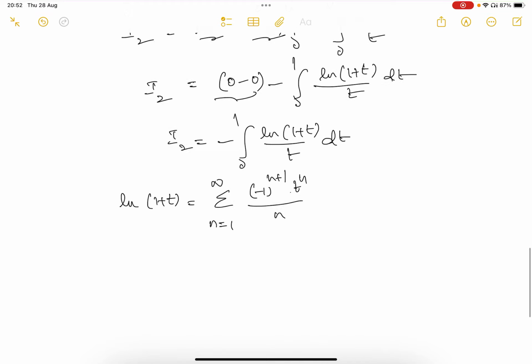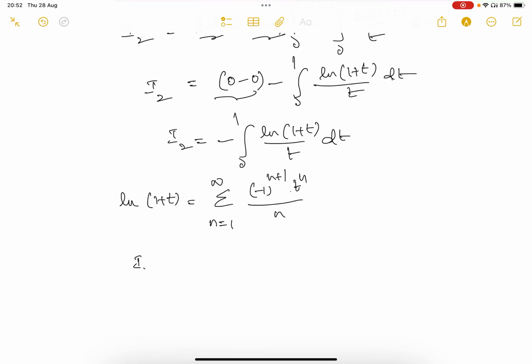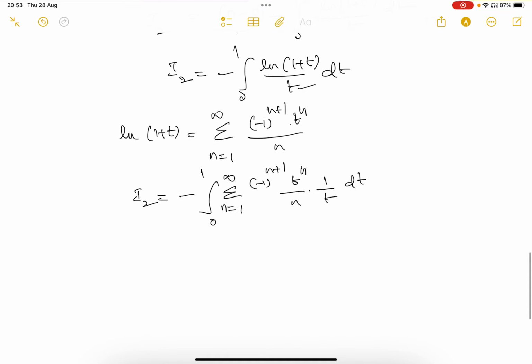So now I2 will be minus integral 0 to 1 summation n equal to 1 to infinity, minus 1 whole power n plus 1 into t power n by n, into, there is one t there, right? This t into dt.